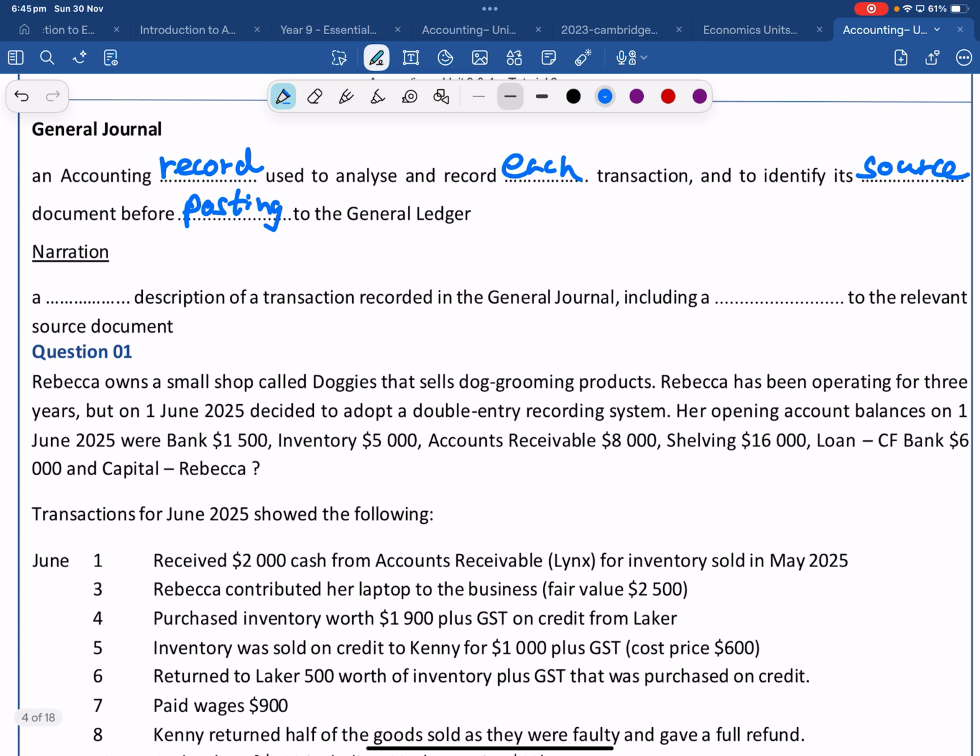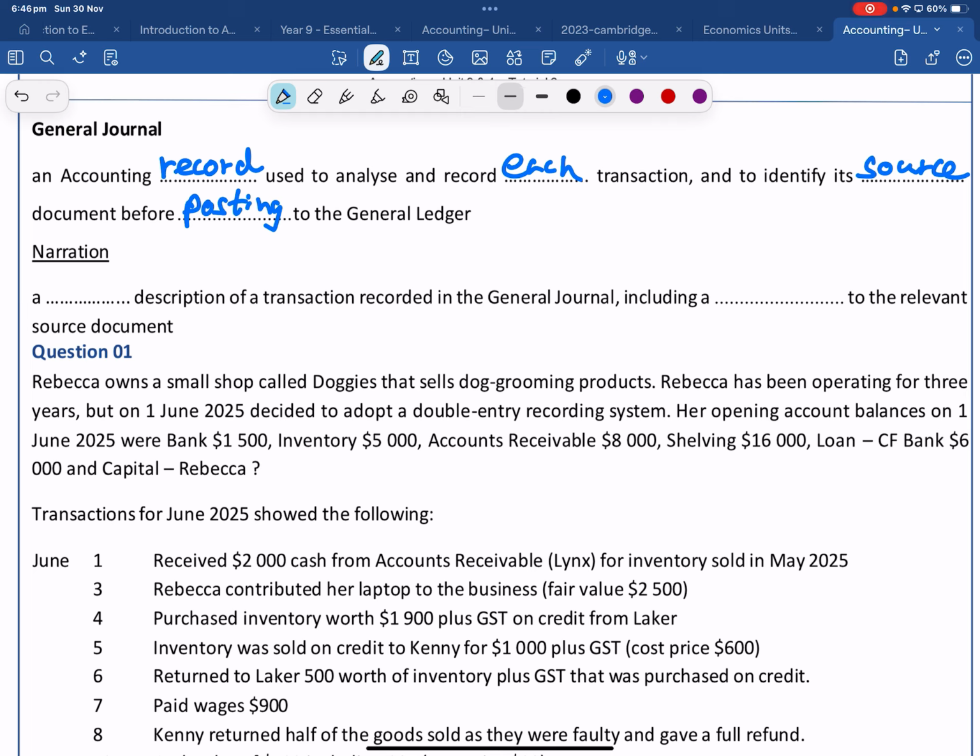Next, narration. What does posting mean? Posting means you're recording in the general ledger. So remember what we did, firstly we did the analyzing chart, then we recorded it into the general ledger, which we call posting.